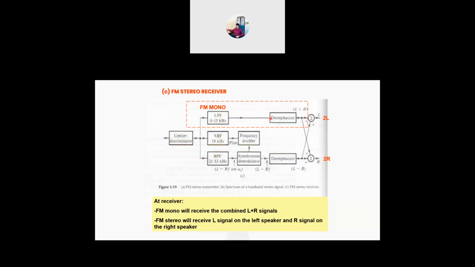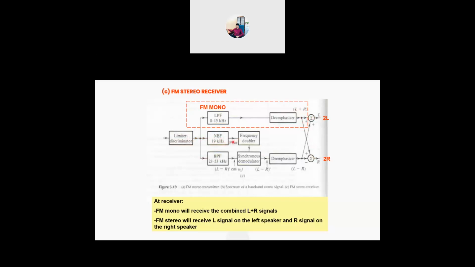Then we go to this de-emphasizer at your receiver side, and we put again this L plus R, and then back to the two systems, the next for the left source and for the right source. Next, the same signal here, we go to this narrowband filter, 19 kilohertz.